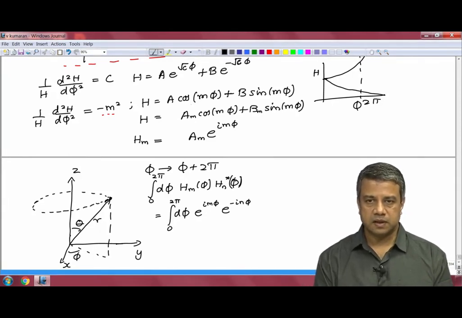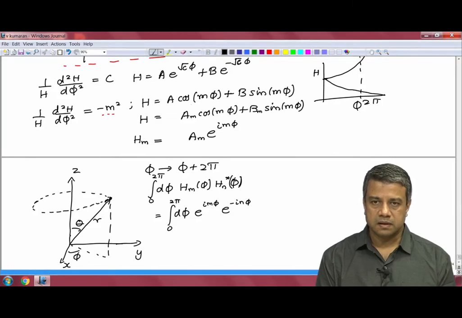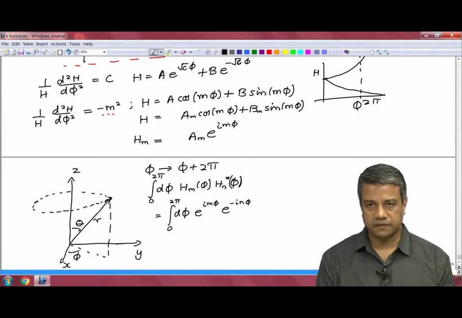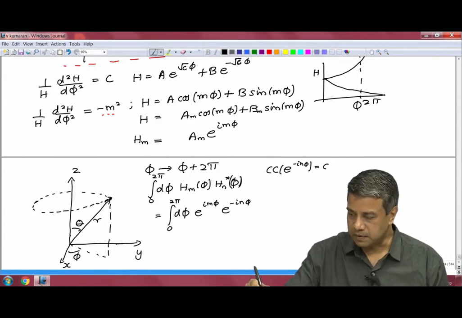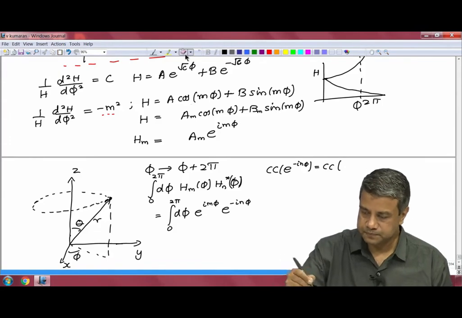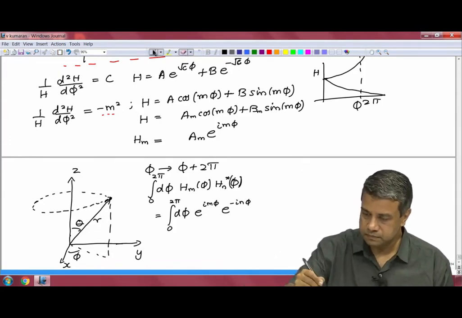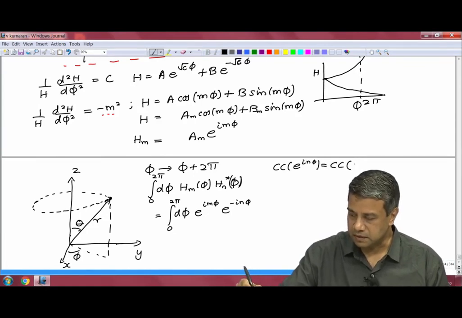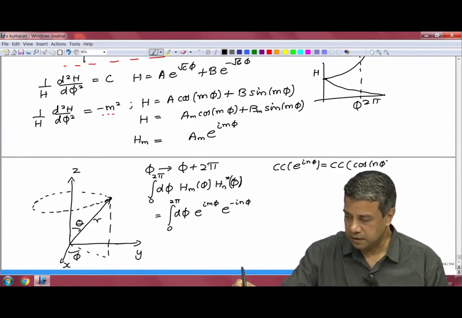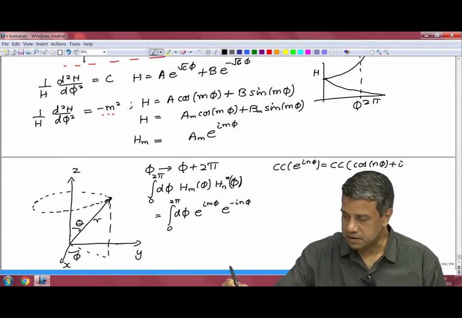To get the complex conjugate, you have to change the sign of I in the complex function. So, the complex conjugate of e power I n phi is equal to the complex conjugate of cos of n phi plus I sin of n phi.